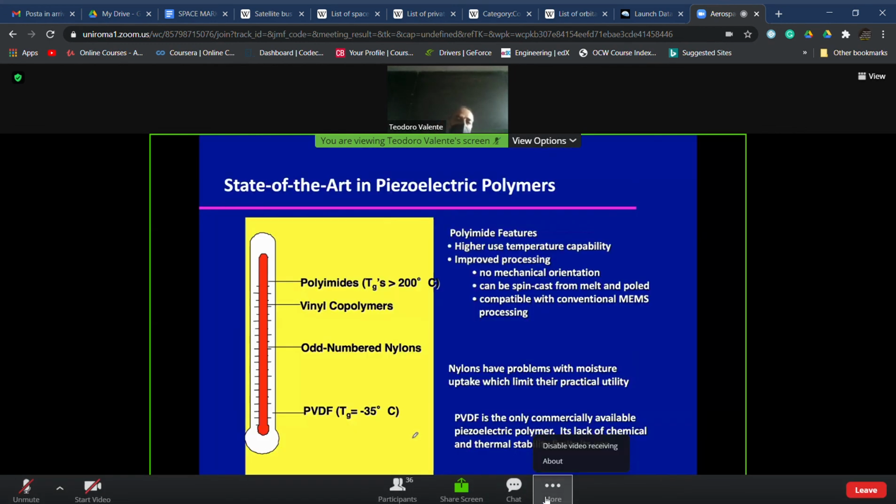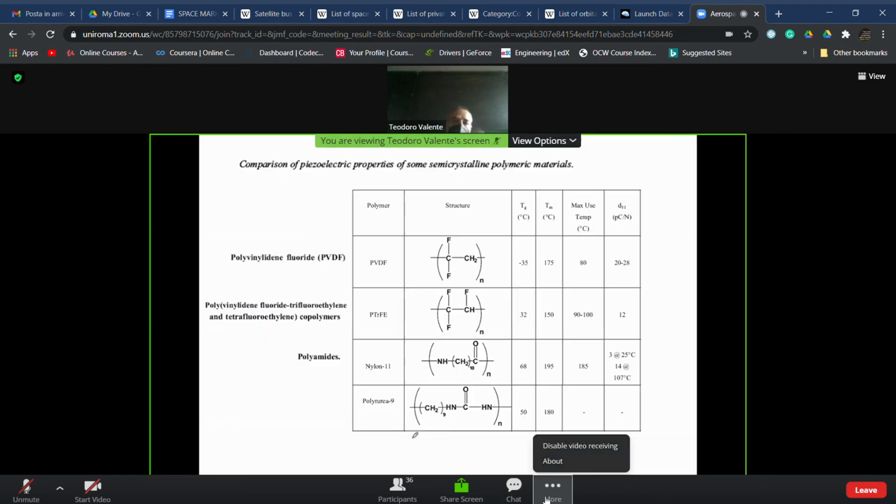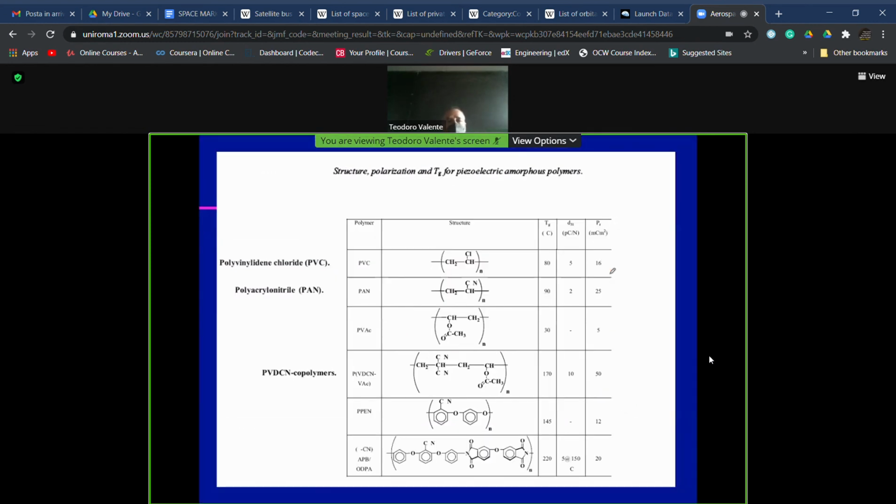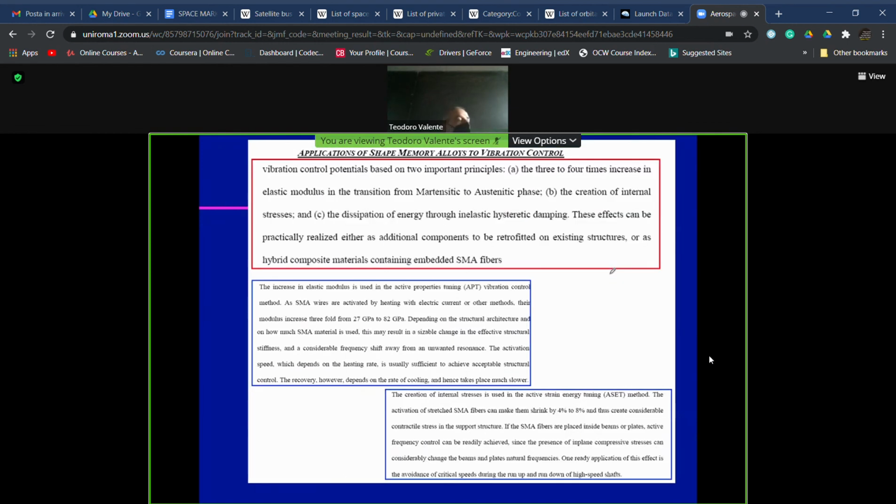Here you have an extensive representation of the possibility to have piezo effect also in other polymeric matrices, and in this column the values of the constants are specified. But to summarize, PVDF is the most important.